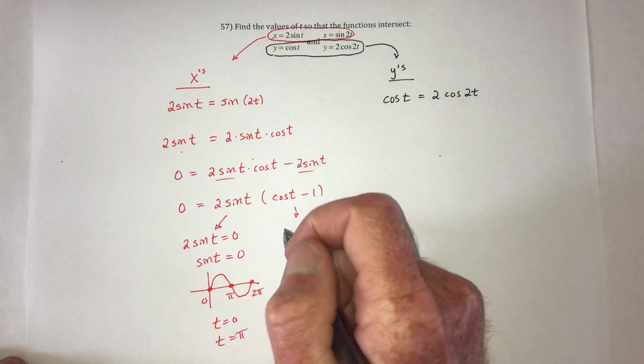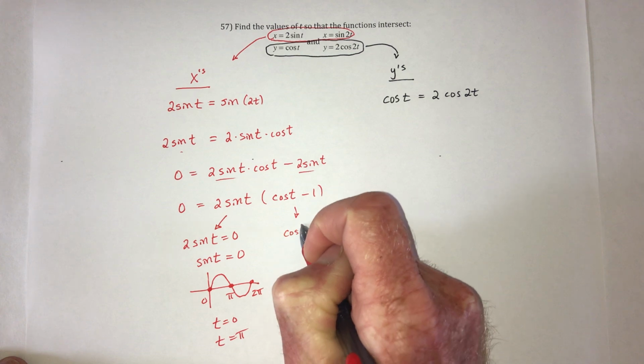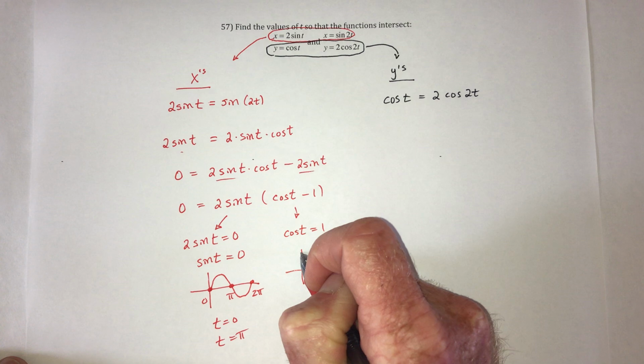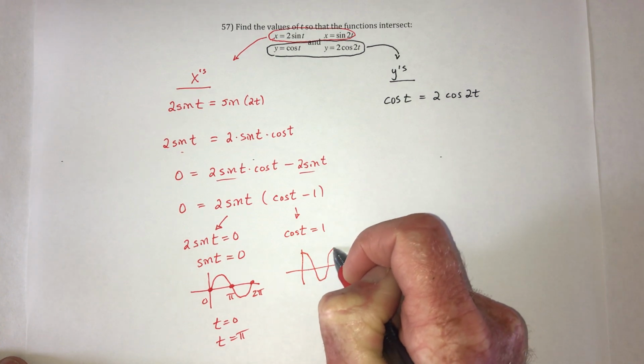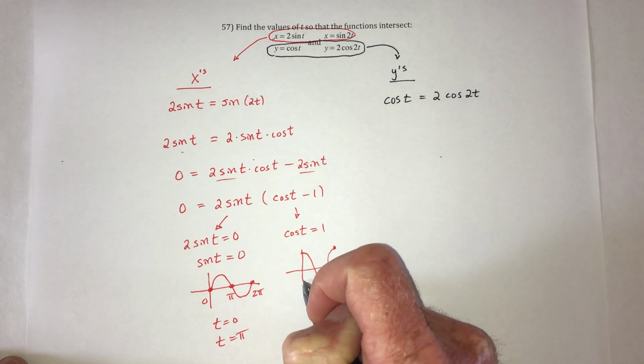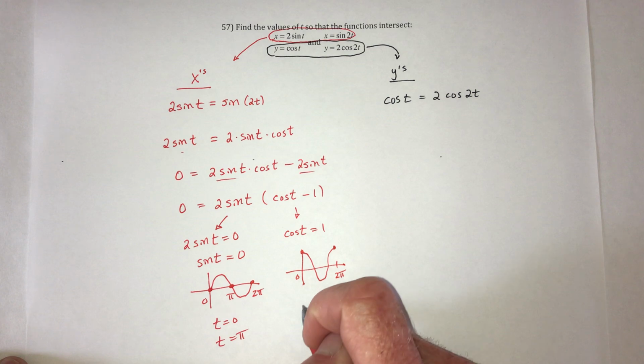So over here, this would mean I could add 1 to both sides. Once I set it equal to 0, it's going to say, when does cosine equal 1? So the cosine graph looks like this. So at 2 pi, it would equal 1, and at 0, it would equal 1. And again, these two are really the same thing.